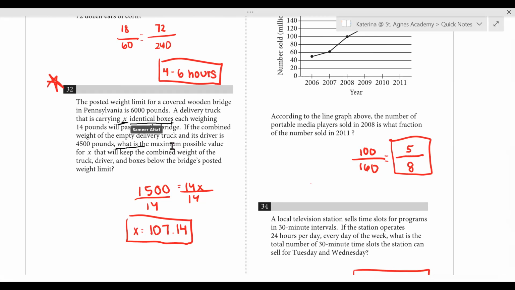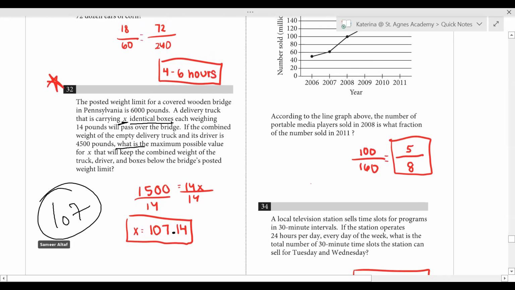Will that be 0.14? They're identical boxes. So the answer is 107.14, but you can't have 0.14 of a box. Exactly. That's why it'll be 107 only. You were right here. So what is the next one?